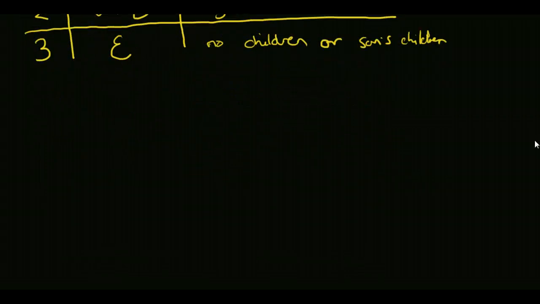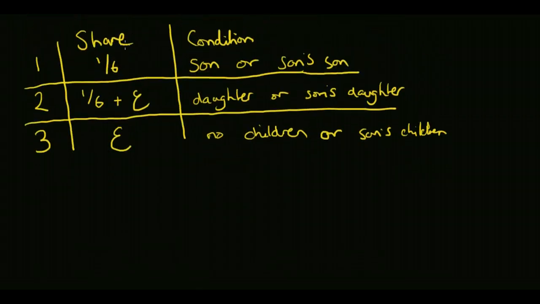So if we draw this out again, keep that in picture. We have X, he has a father and he has a son. In this situation, we can see that the father will receive a sixth share.